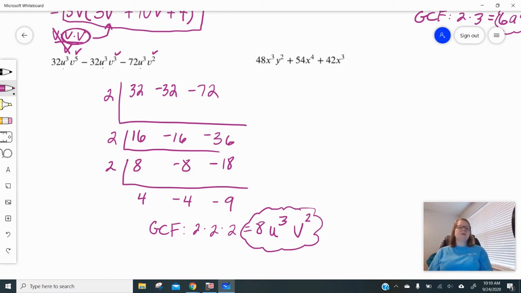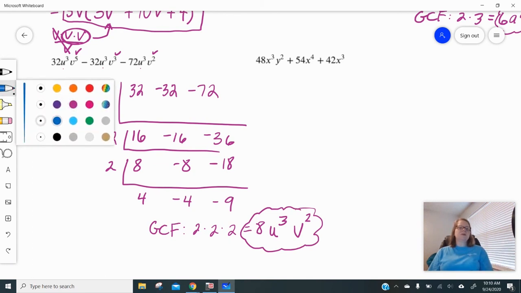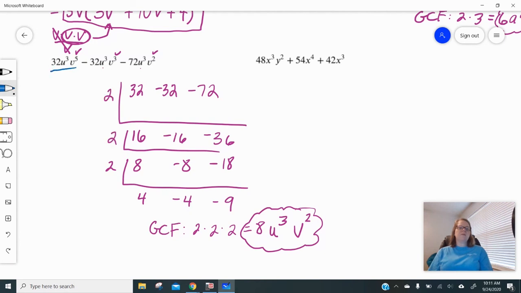Okay, so let me change the color here. We're going to divide by 8U cubed V squared through the whole thing, each one. Okay, so 32 divided by 8.